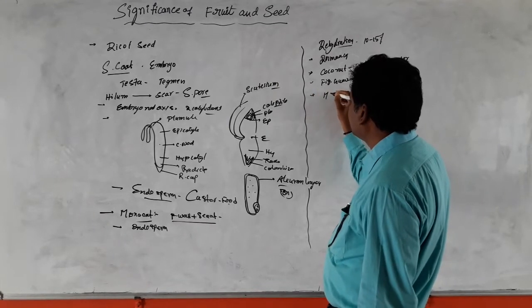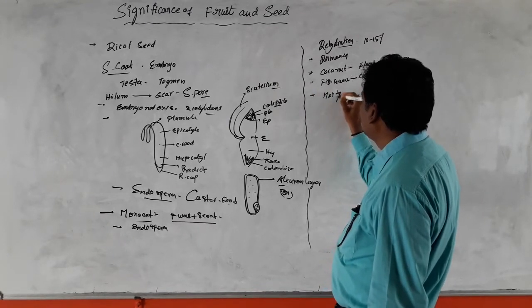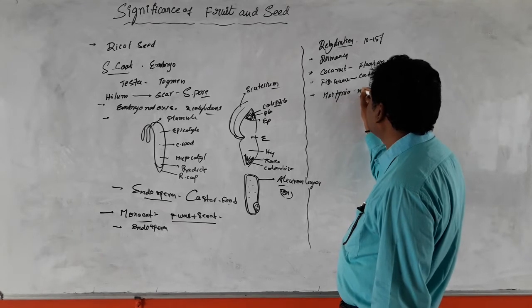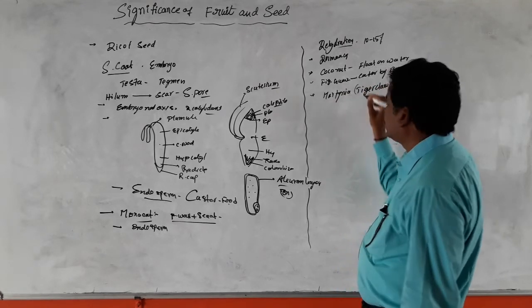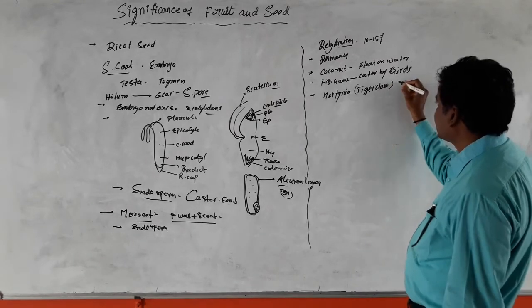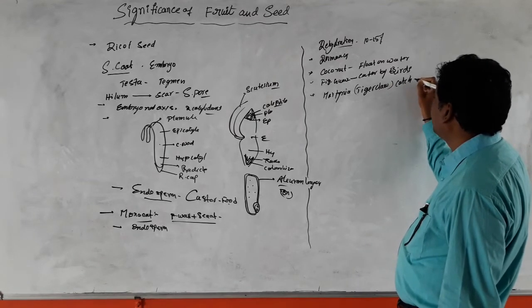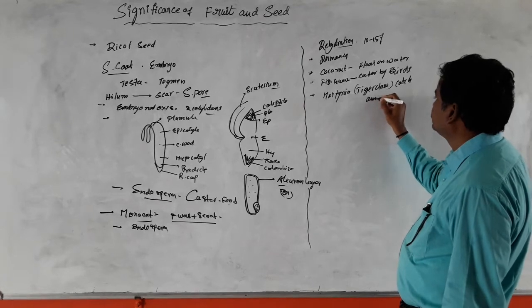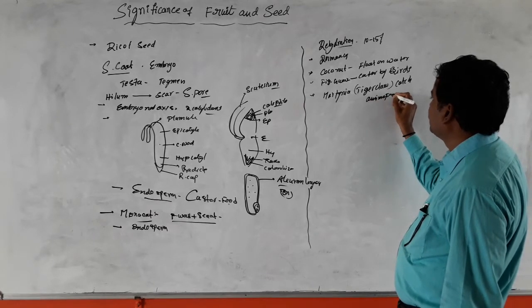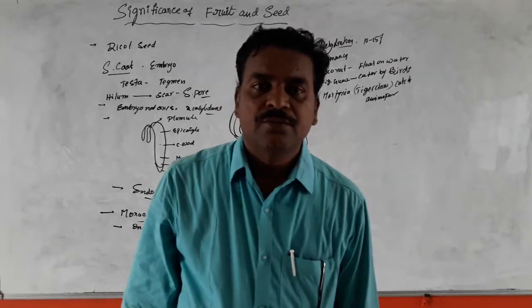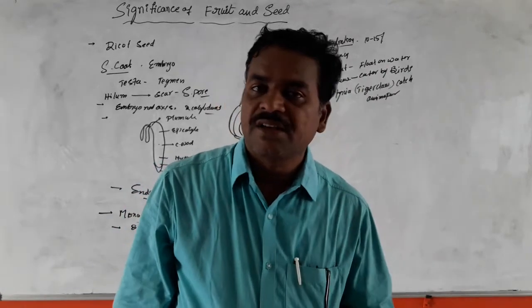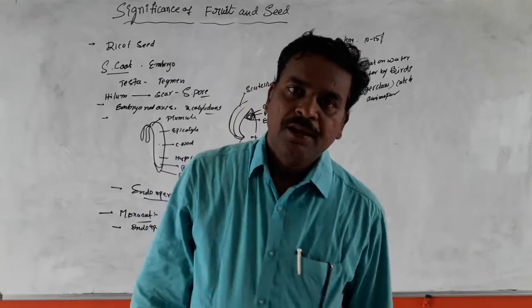In the case of Martynia, also called tiger claw, the fruit sticks to the fur of animals like cats. In this way, plants have evolved mechanisms for dispersal of their seeds and fruits.